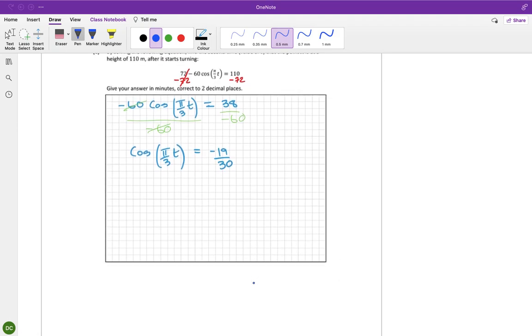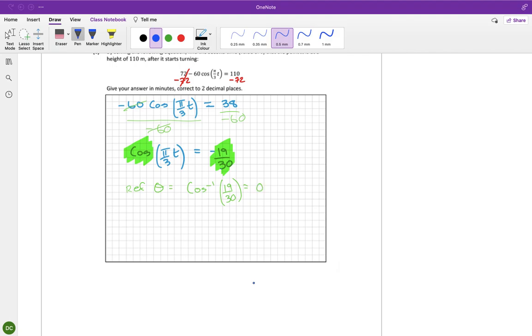And in order to solve it, you have to use the CAST circle. So I'm going to get the reference angle by doing inverse cos of 19 over 30. Oh, do you know what?